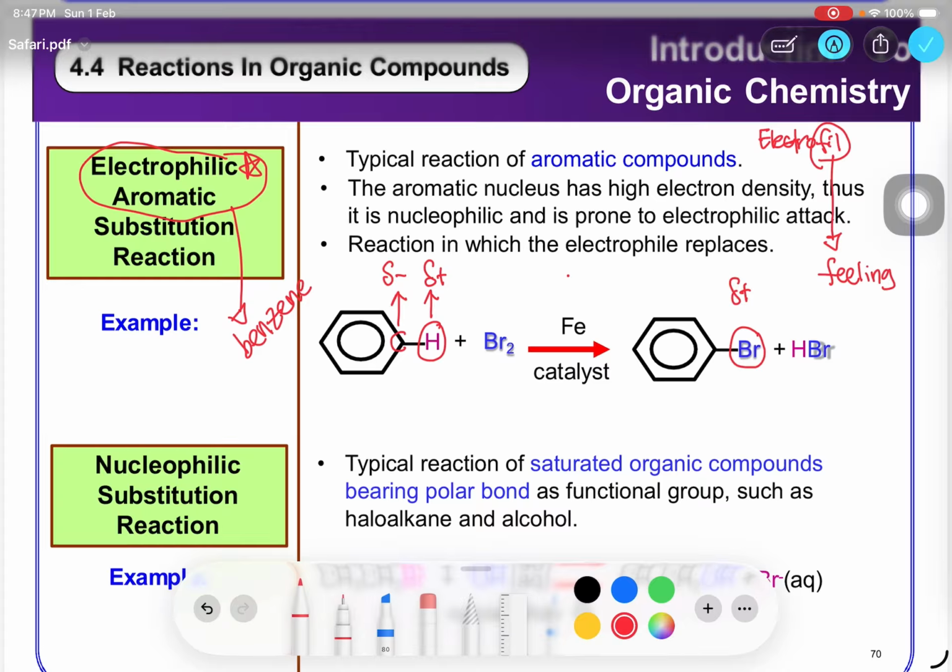Okay, so that means I assume that electrophile is the species that has feeling with electron. So it means that the species basically lacks electron and will always be positively charged. So my short form for electrophile always is E+.